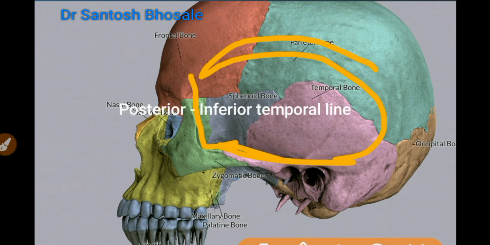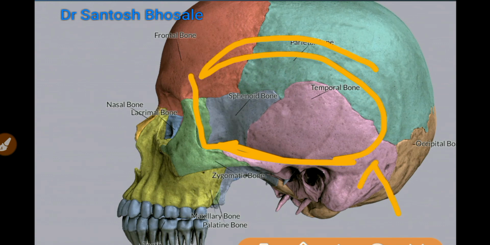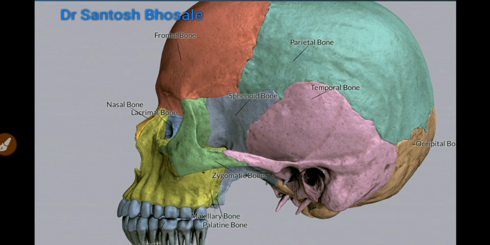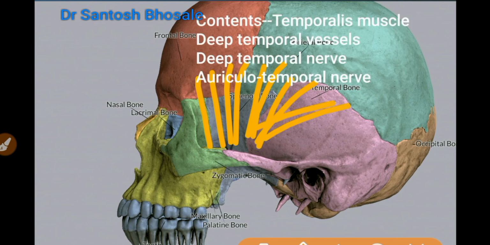Superior temporal line fades away, inferior temporal continues as a posterior boundary and is in line with the inferior boundary formed by superior border of zygomatic arch, which will continue as supramastoid crest. So these four bones form the floor with the pterion, and these are the boundaries, whereas the roof of the temporal fossa is formed by temporal fascia, deep fascia here.